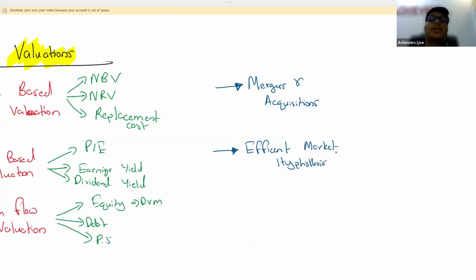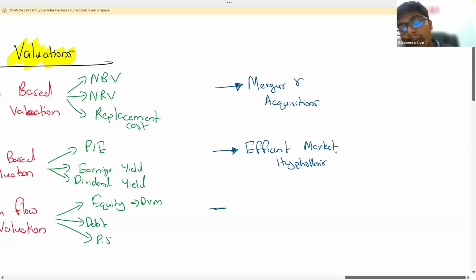A weak form efficient market includes only the past information. So in a weak form market, you can make abnormal gains using what? You can make abnormal gains using public information. So in a semi-strong form efficient market, you can make abnormal gains using insider information. In a strong form efficient market, you cannot make abnormal gains.